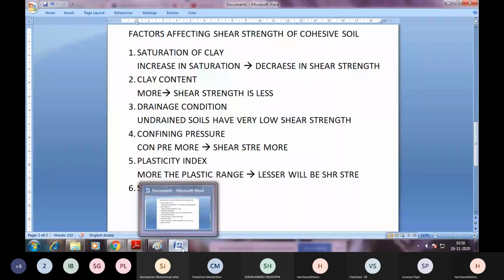And thixotropy: in the undisturbed state we have shear strength, and after remolding this strength decreases, and with the passage of time there will be gain of strength. This strength loss and strength gain phenomenon is called thixotropy.